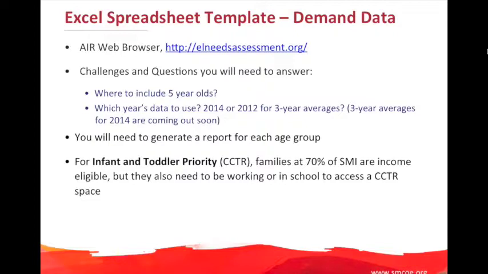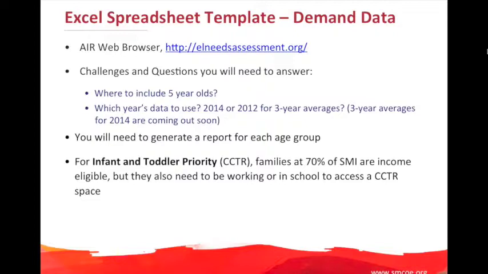The data browser is pretty much the only place that you can find out the 70% of SMI, as opposed to low income generally, or 200% of poverty, or some other figure. We use 70% because that's the cutoff of eligibility for the state subsidy programs, plural.